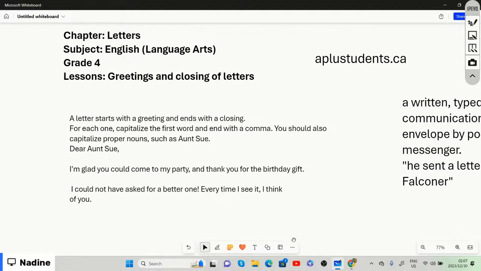So when we write a letter, a letter starts with a greeting. It's the same as if you see someone, the first thing you do is to greet the person that is either standing with you, talking to you, or even walking by.